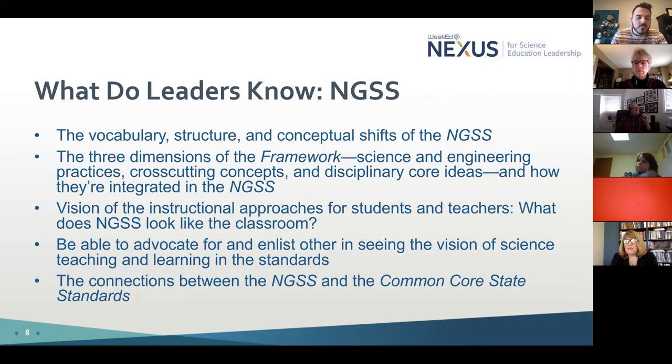What are the areas that you would like to increase your knowledge? Both in the framework and increasingly now that we've launched the NEXUS website, we will be providing resources for you that you can use with your teams and your colleagues to go deeper in each of these knowledge bases.